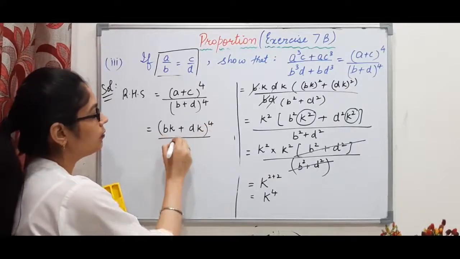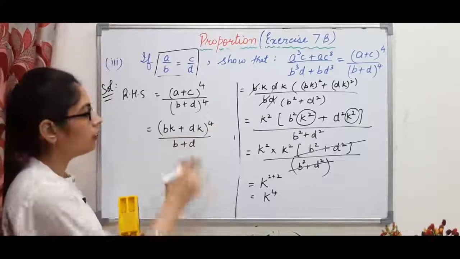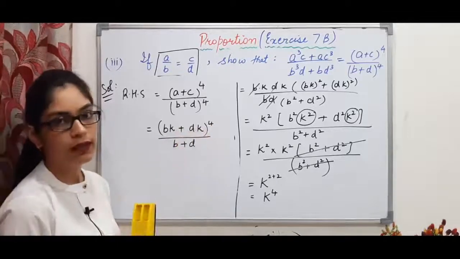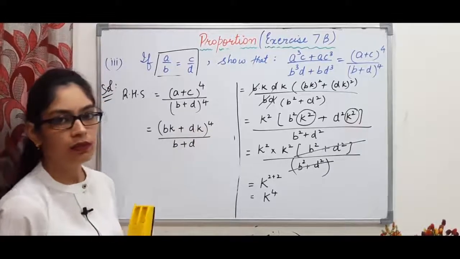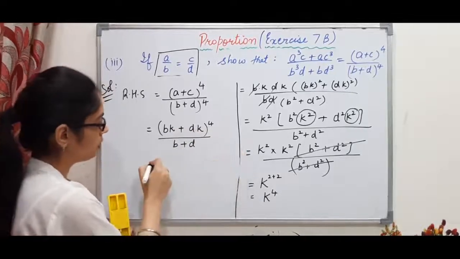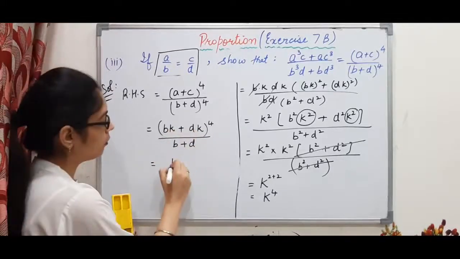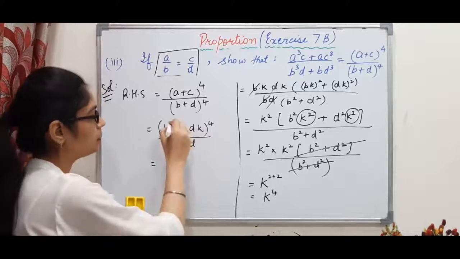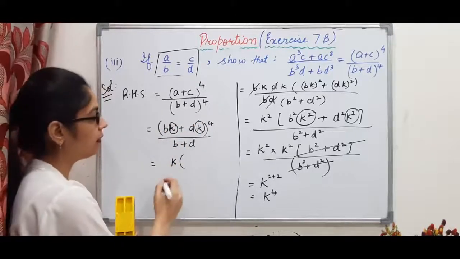In denominator we don't have to make any change because in numerator we converted the terms in the form of b and d, so that we can cancel the common terms. Now this k we can write it outside because it's present in both. So k is common, so common term I will write it outside.